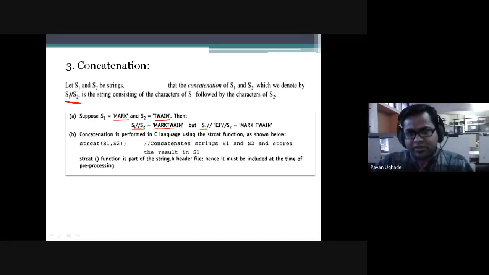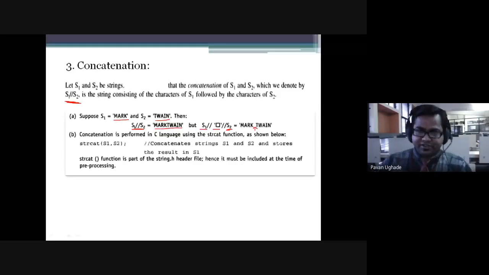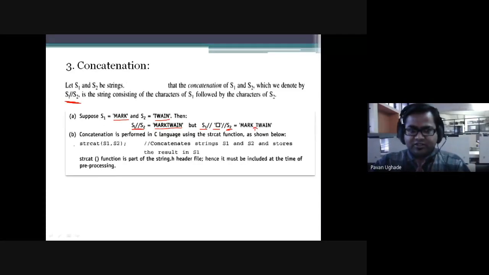So S1 concatenated with space concatenated to S2. So you can see here one space has been given. Actually, concatenation is performed in C language using the strcat function. I think you people have already worked on strcat, so I need not tell much about it. Whether the concatenation has been clear, that much I wanted to understand for the pattern matching concept.